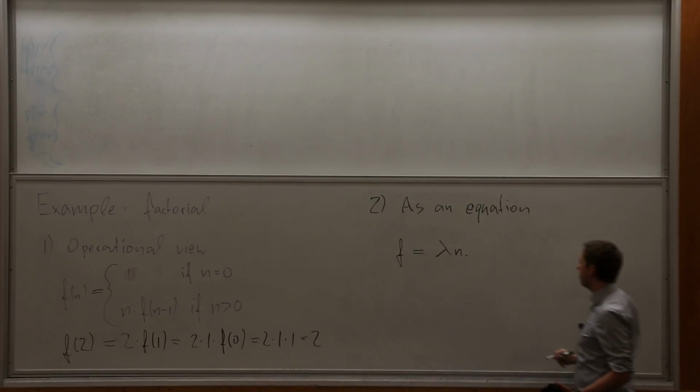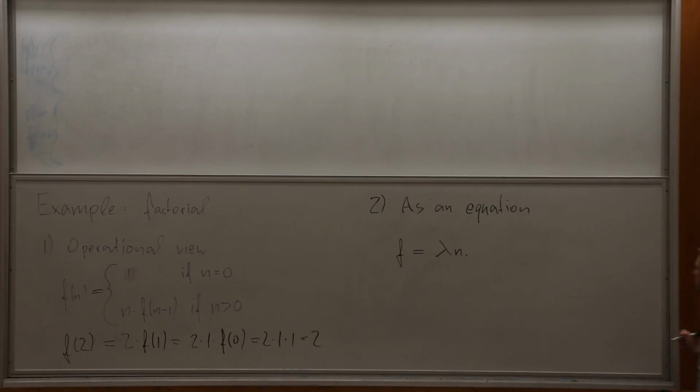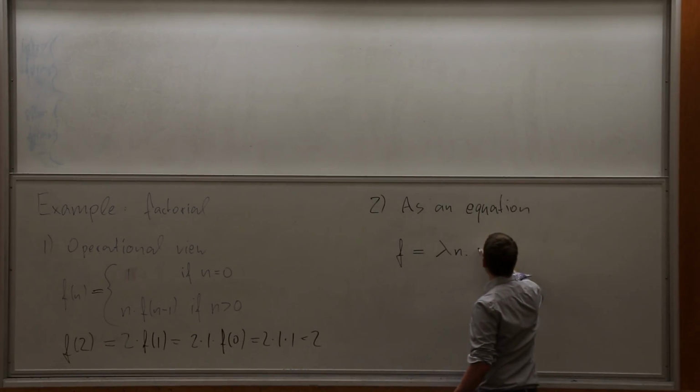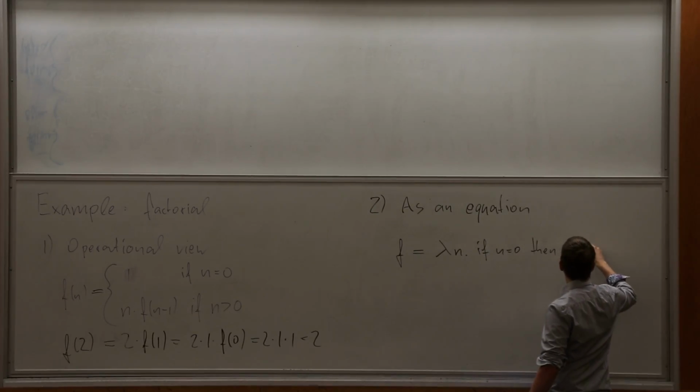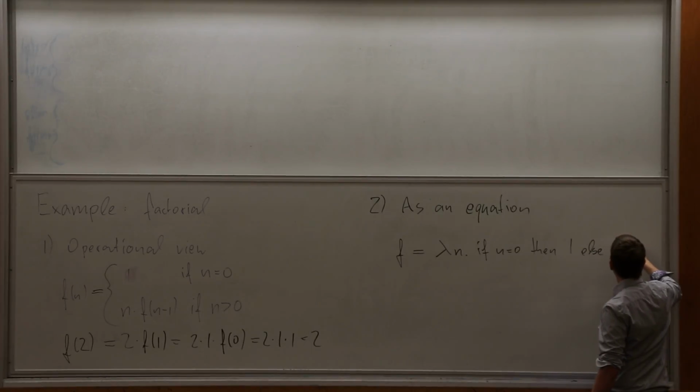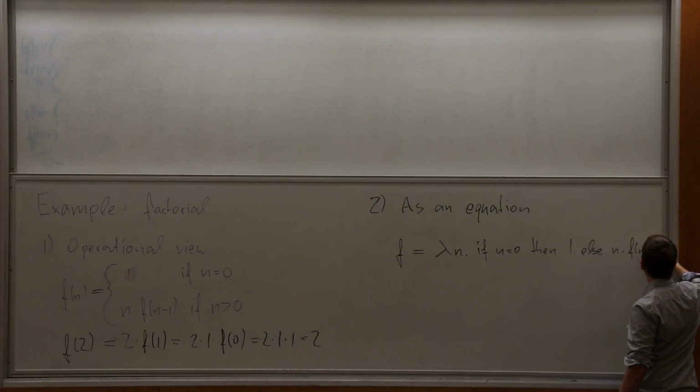So f should be a function that takes a number n, and then if n equals 0, then 1, else n times f of n minus 1.